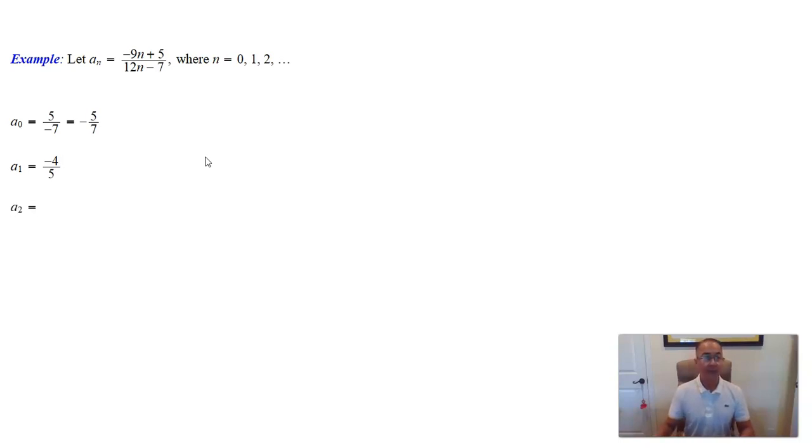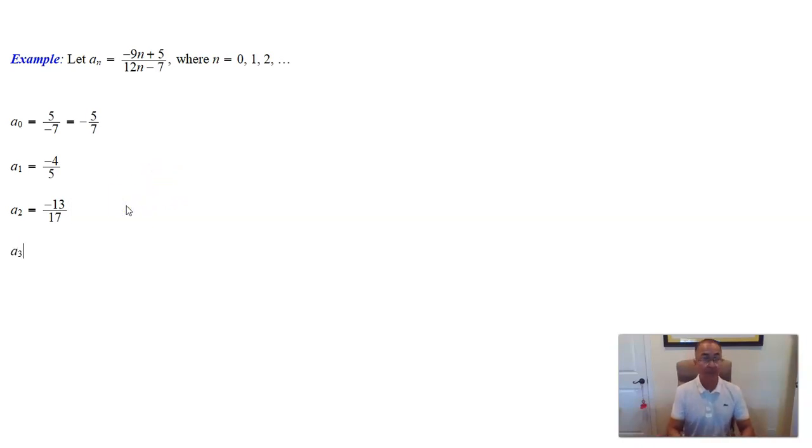What is a sub 2? So we are going to get -18 plus 5, that is -13, divided by 24 minus 7, so that is 17. -13 over 17. Okay, one more.